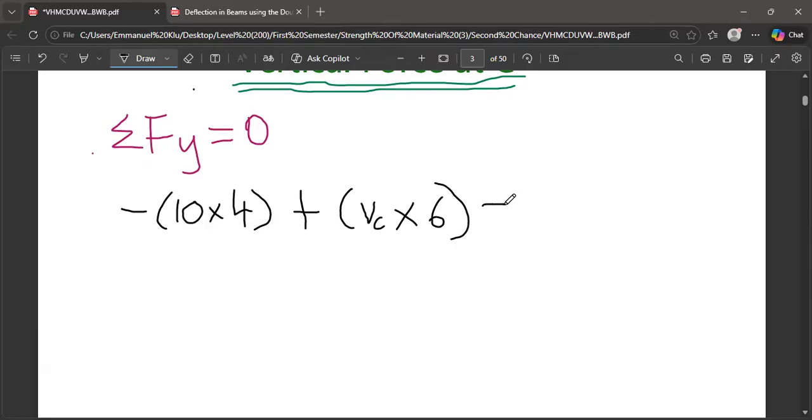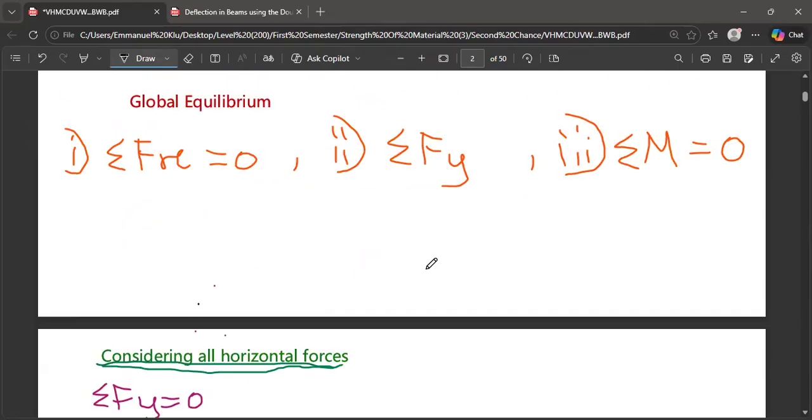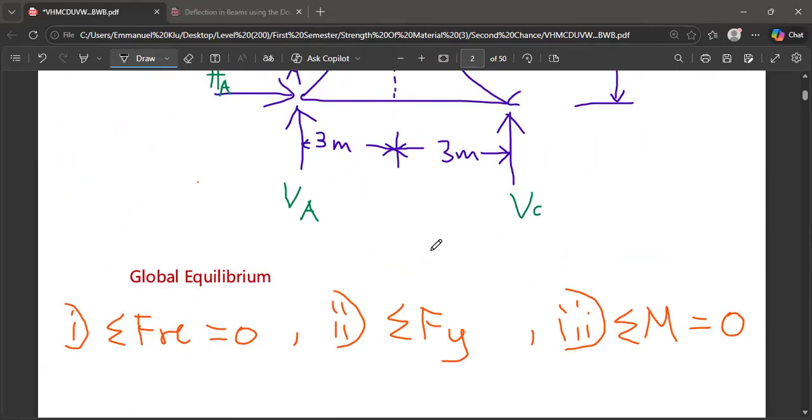Okay, then finally you equate it to what? 0. Then finally you equate it to 0. What are we also going to do next? We have to also calculate the reaction at what? Vertical force at A also.